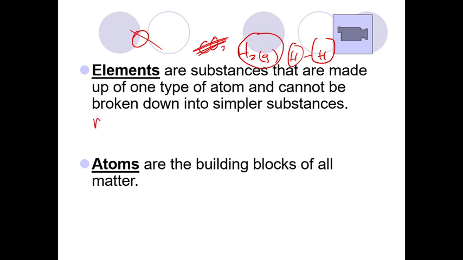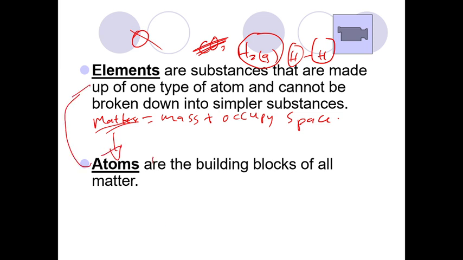Matter is anything that has mass and occupies space. So all that is matter arises from atoms. And atoms make up what? Atoms make up elements, and elements are only one type of atom. Good.